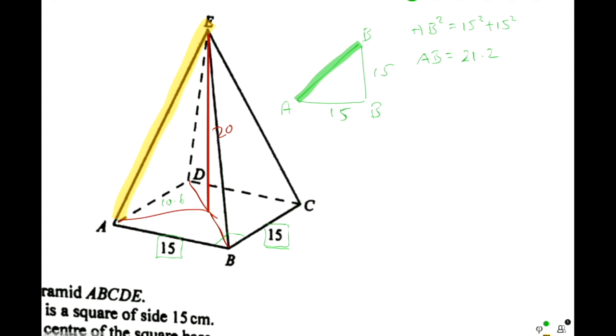Alright. Now I have another triangle. See the red color one? So this is 20. This is 10.6. This is E. Let's call this X. A. So AE, can I find AE? Definitely, Pythagoras again.